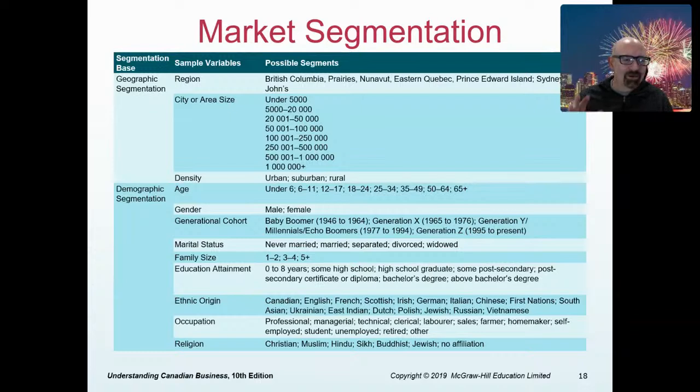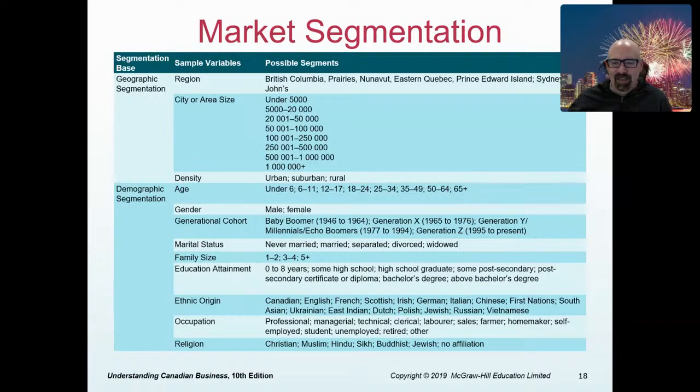Age, I already spoke a bit about age, right? Remember, if we're going after old people, we would use different marketing techniques than if we're going after people in a university age range. We have genders. Male, female is a little limited here. We have many more genders to look at. Generational cohort. We've talked a bit about this. Baby boomers, 46 to 64. I've told you guys, I'm at the end of the baby boomers. I was a 64 baby.